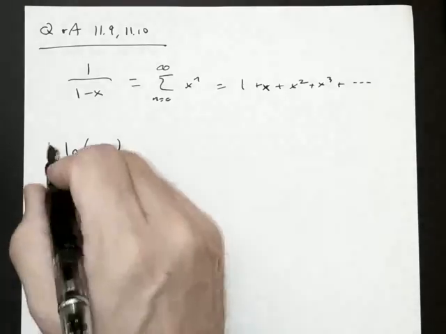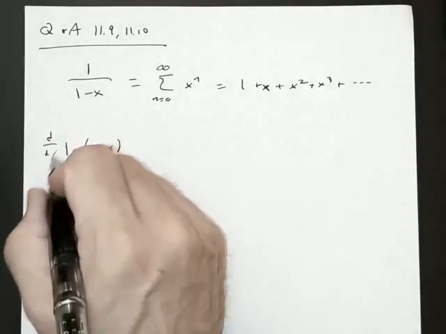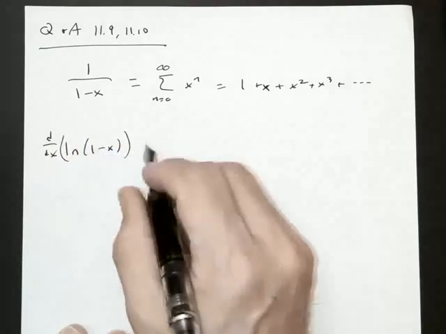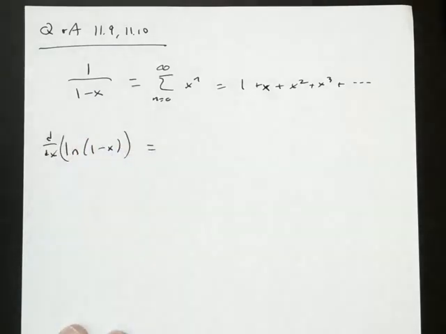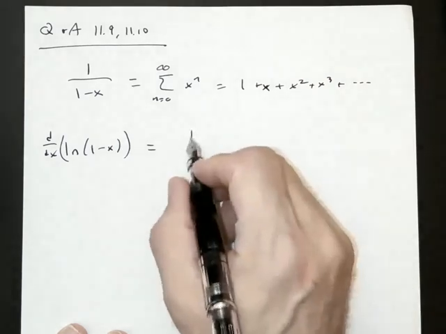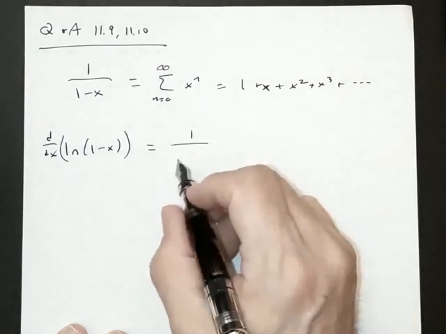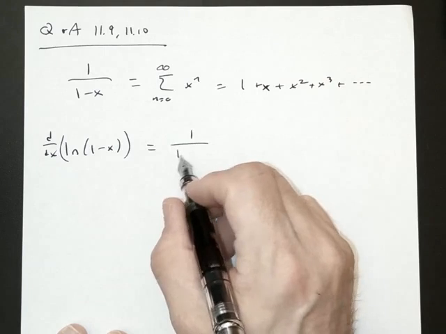Almost. The derivative of ln of 1 minus x is... I'm sorry, I can't quite hear you.